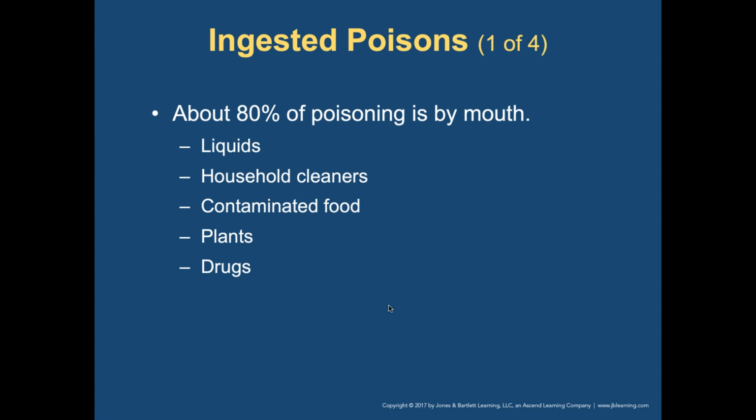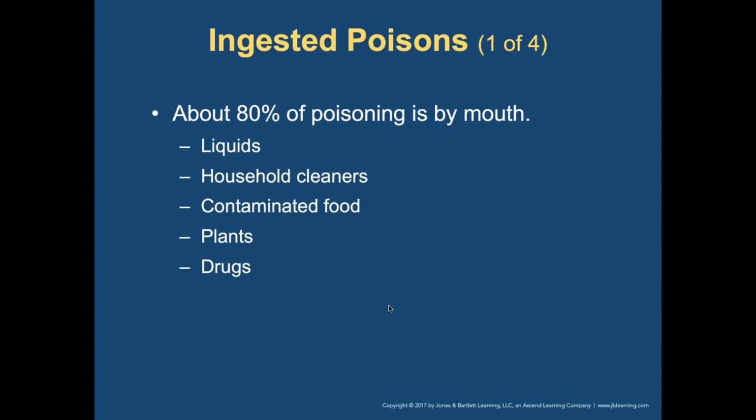All right, so ingested poisons, about 80% of the poisons are by mouth. Y'all can figure out why right there. Liquids, household cleaners, contaminated food, plants, and drugs. We've talked about it a little bit just in our chats over here. It's common sense. Contaminated food, you're like, oh, that just don't taste right.